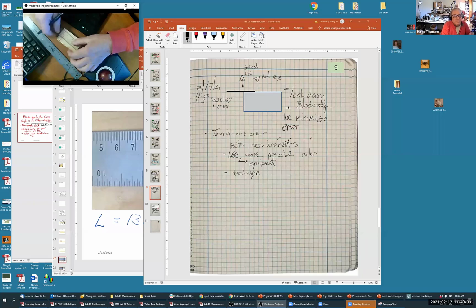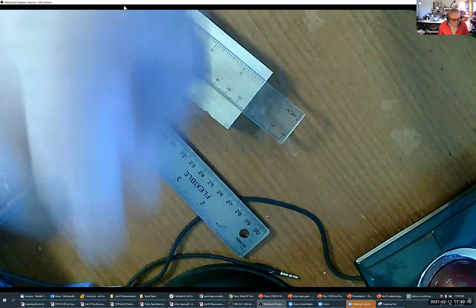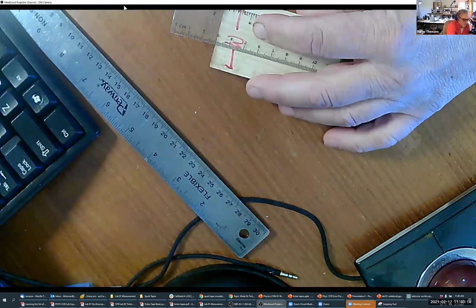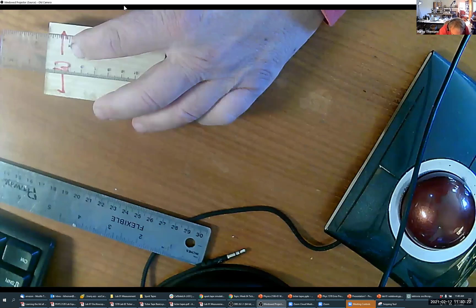Oh, cool. Now you see the two, and of course I have to stay on the screen somehow. There we go. And oops, I moved a little bit. Well, it's a 3, not a 2.